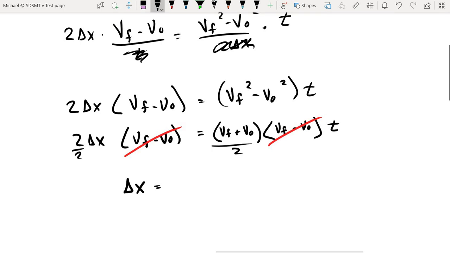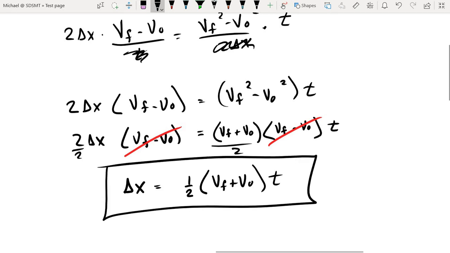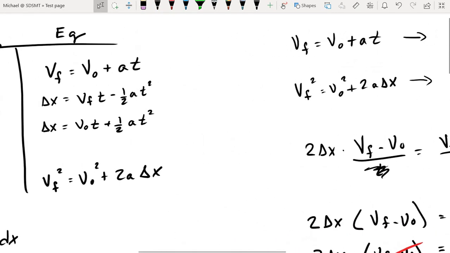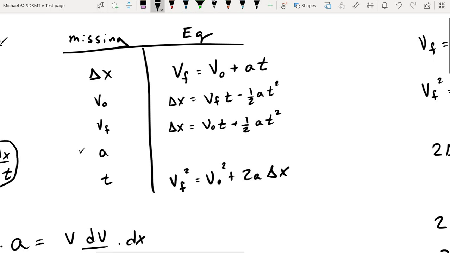So we have delta x equals 1/2 of the summation v final plus v initial times time. And that is our fifth and final kinematic equation. So we will add that to our list. Delta x equals 1/2 v final plus v initial times time.